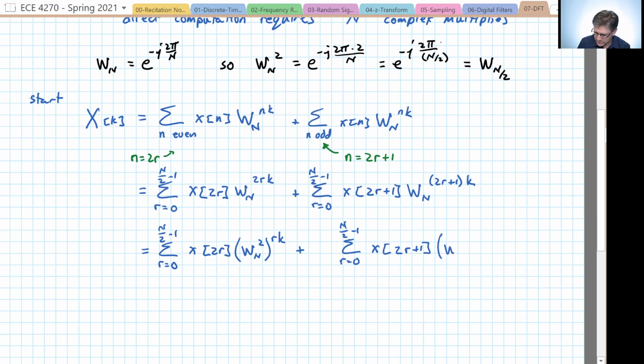We'll once again have our W_N squared to the rk, but we also have this plus 1 multiplying by k. Since k is not dependent on r, that just comes out front as W_N to the k. Well, we have this beautiful property that we found up above, that W_N squared is equal to W sub N over 2.